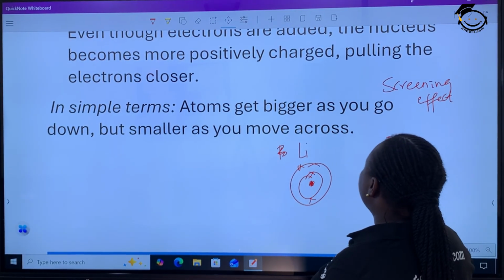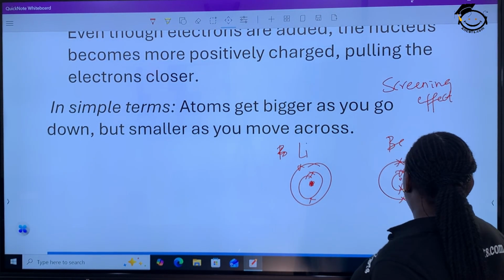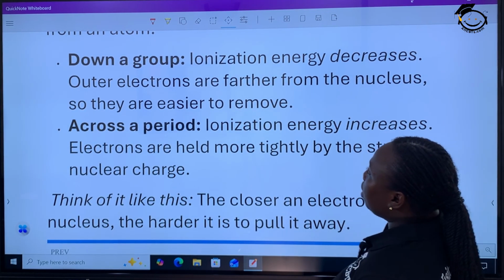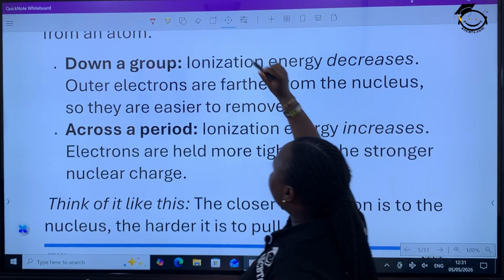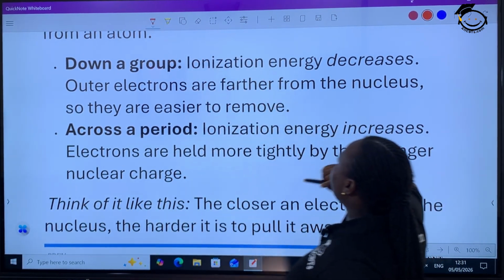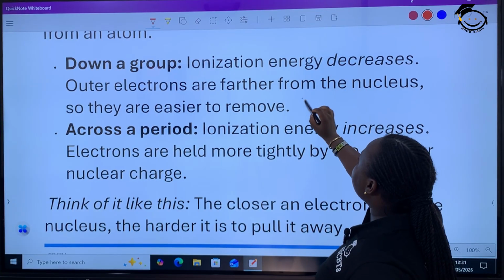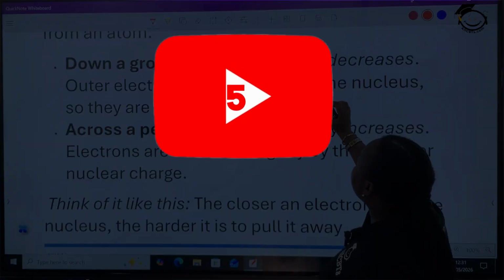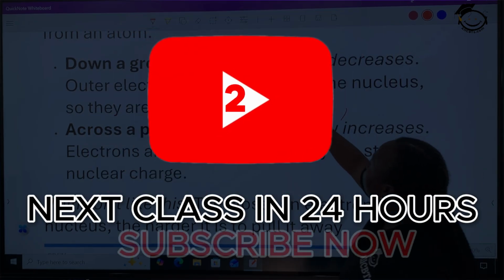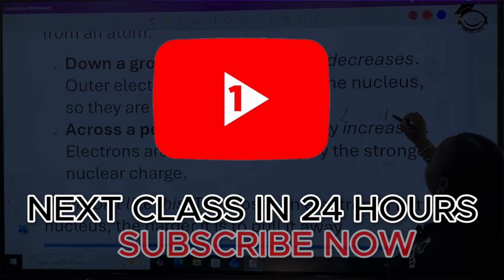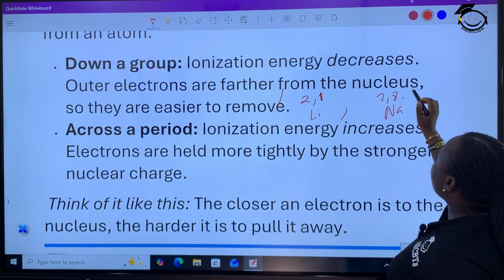Now if you see lithium and sodium, we said that lithium is number 3, while sodium is number 11. Lithium is 2, 1, while sodium is 2, 8, 1.